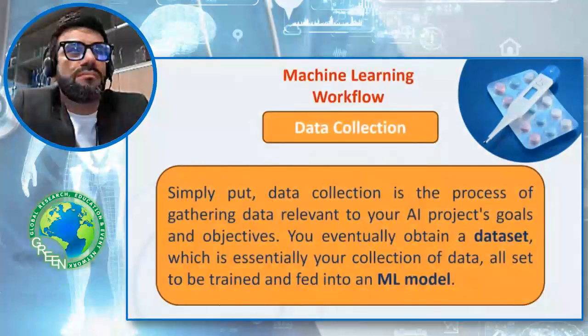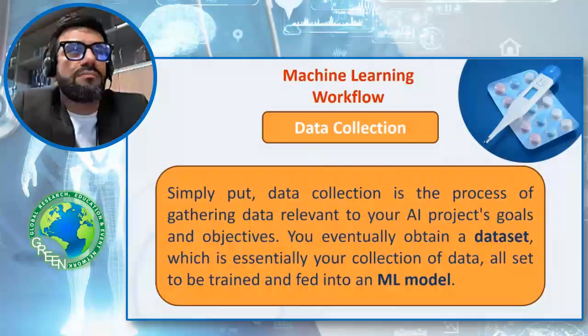At the first stage, data collection is the process of gathering data relevant to your AI project goals and objectives. You eventually build a data set, which contains your collection of data, and it can be used to train and feed the ML model.